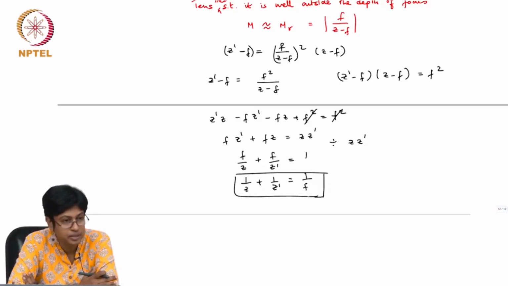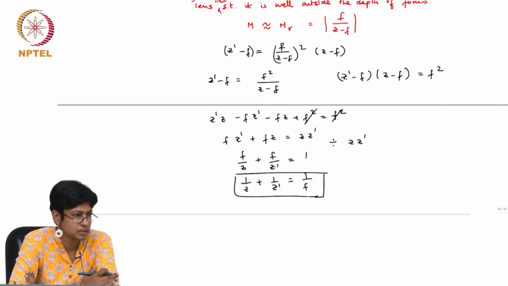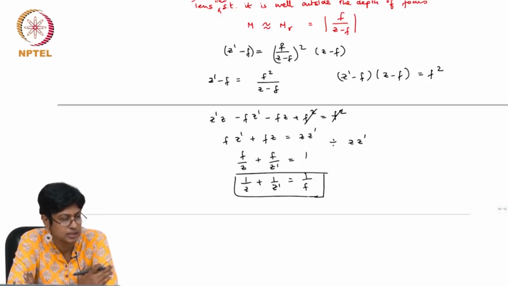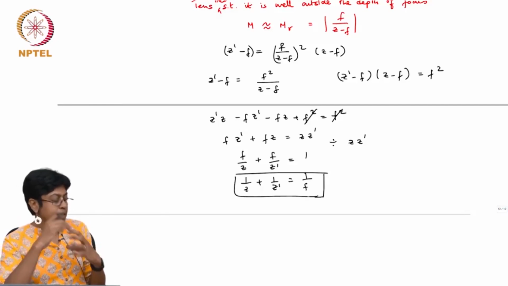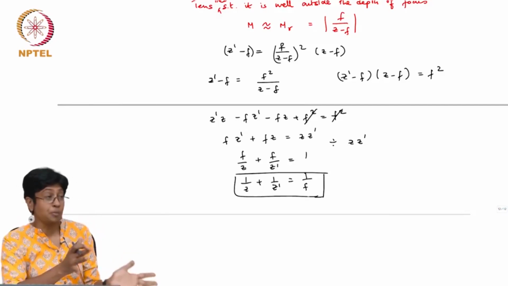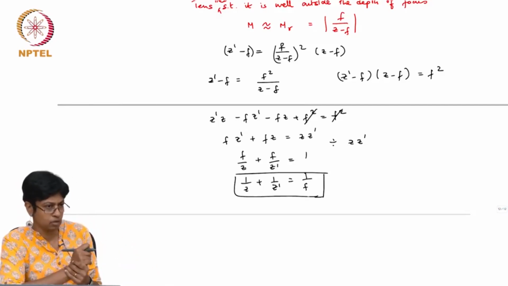Where have you encountered an expression like this? It's your imaging expression, right? Where you said 1 over object distance plus 1 over image distance is equal to 1 over focal length. So maybe a point hasn't been made obvious all this while that I've been talking about Gaussian beams.